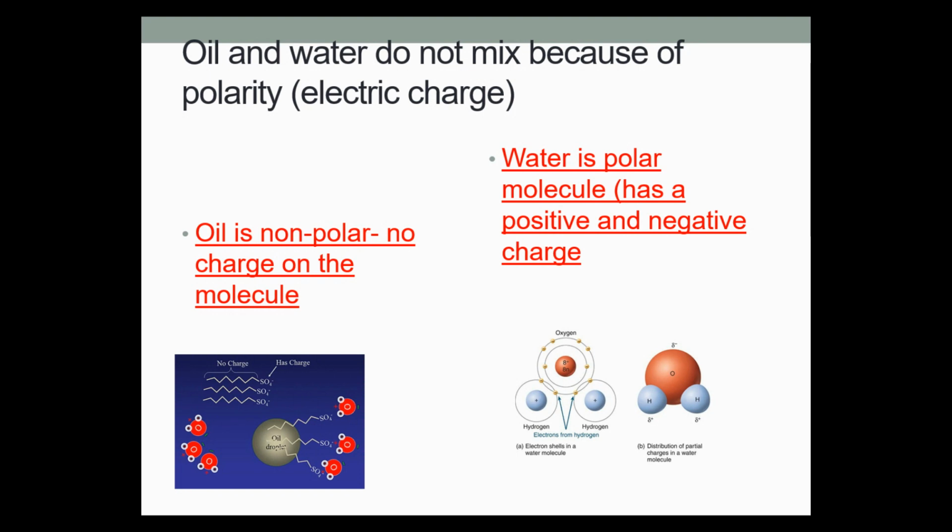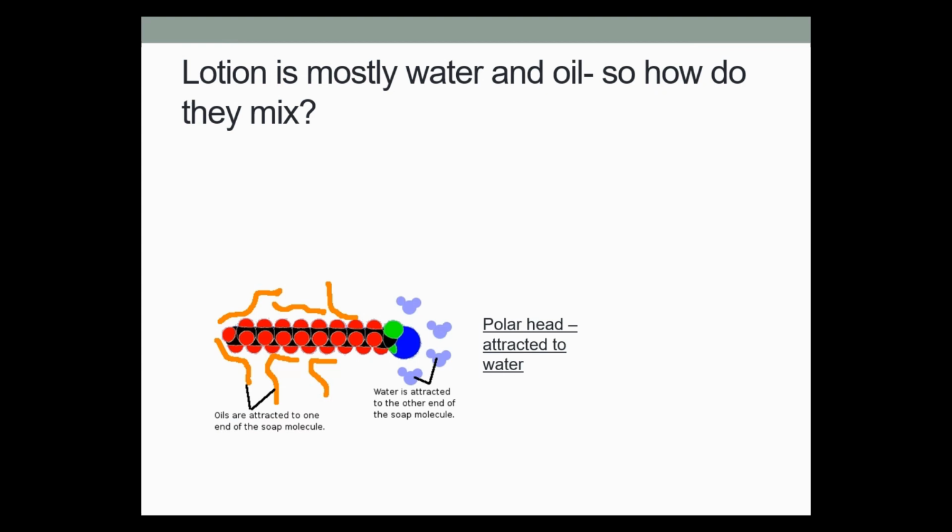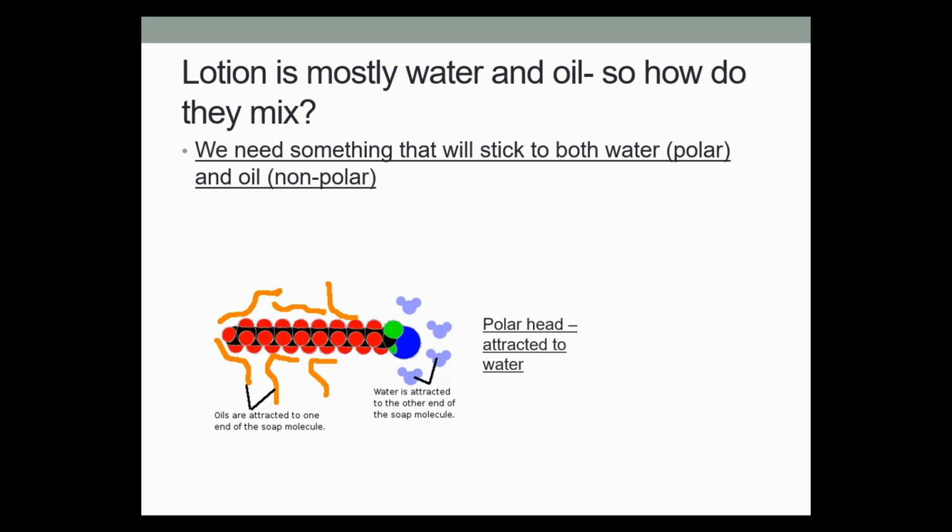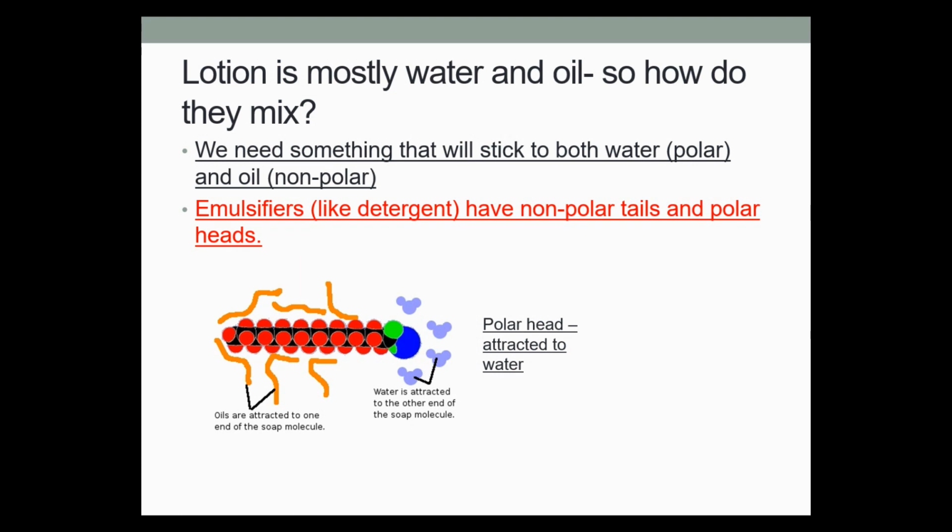So if you're trying to make lotion, which is water and oil, how do you make that happen? You have to have a substance that will stick to both things. And there are things out there that will do that. An emulsifier will allow you to stick to the nonpolar tail and to the polar head.